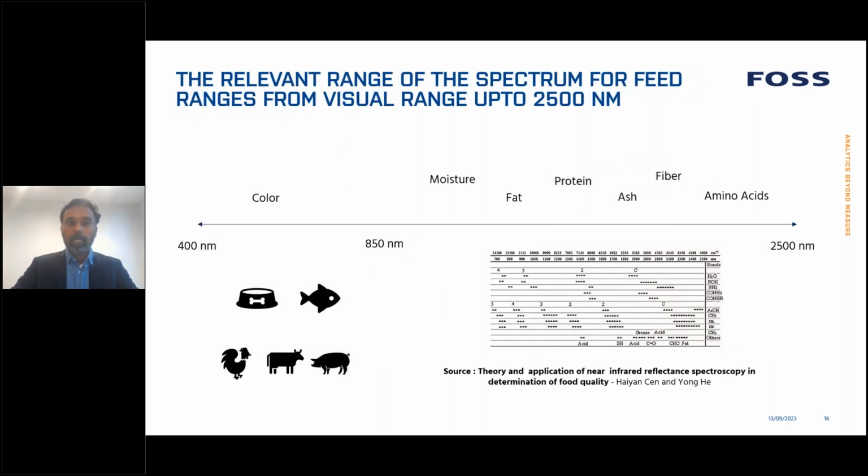Then finally, I think we also need to think a lot about what is the relevant range of the spectrum for feed. And we believe that in a feed and agri context, everything from the visual range up to 2500 nanometers is extremely important. Starting with the visual range, there are plenty of studies that show that pets, pet food quality, etc., is judged a lot on color and how it reflects light and texture and all of that.